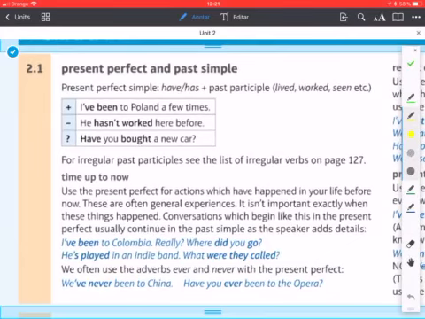Alright, this is the language bank for lesson 2.1, where we're going to discuss the difference between the present perfect and the past simple.